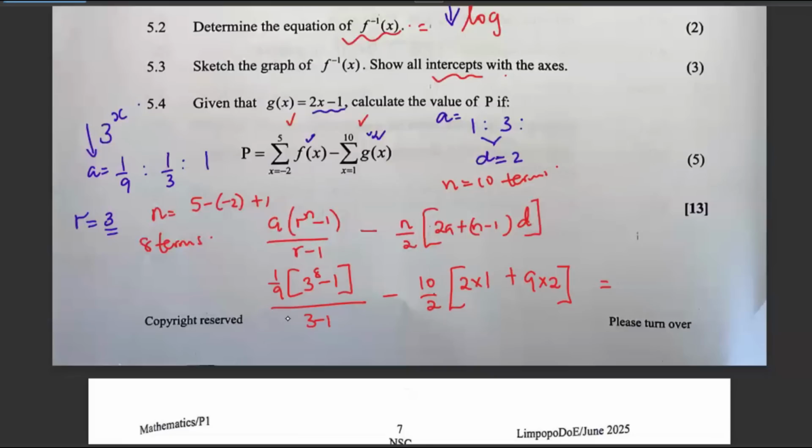When I punch that into the calculator, subtracting, into 2 plus that, I'm getting 2380. Let's just confirm that we did the right thing.